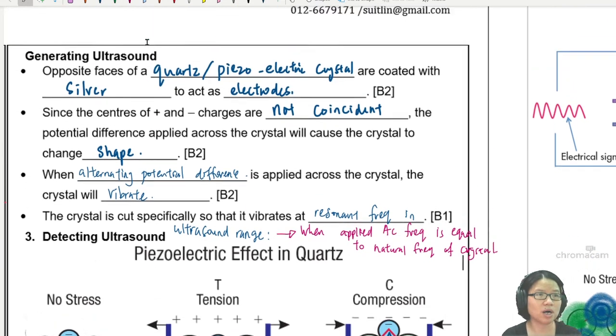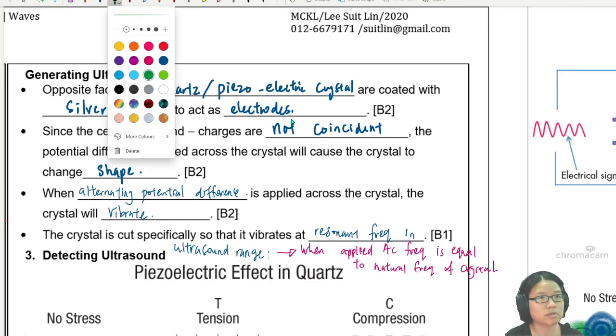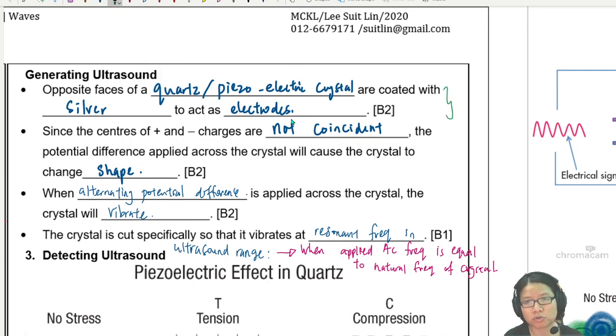So this is how ultrasound is being generated. Number one, you talk about the setup. So I will label the main points here. Make sure you cover the setting, the setup. Okay. And then talk about the properties of the crystal. So the positive and negative charges, the center of charges are not coincident.